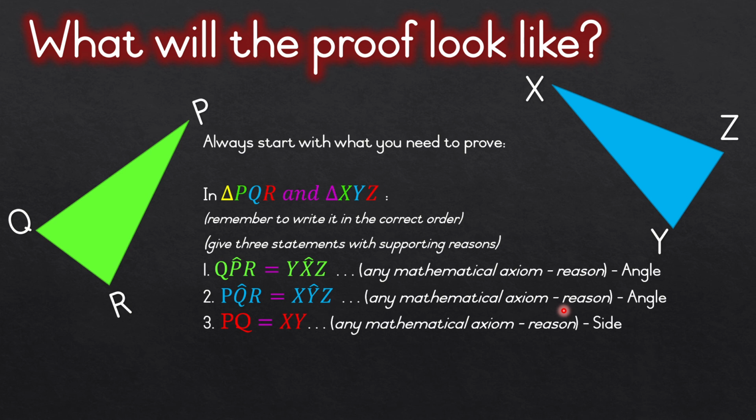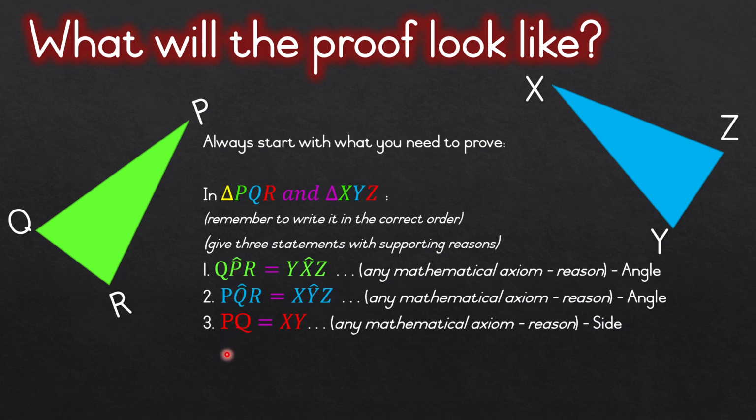All of those things that you've known about, you can use. Maybe you are using ratios, maybe you are using Pythagoras. Doesn't matter, but again you are going to have a mathematical reasoning. And then I'm going to say that it is a side. So I've proven an angle, proven another angle, and I've proven a side.